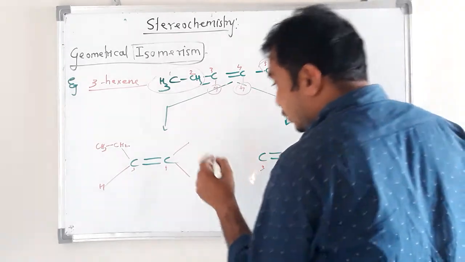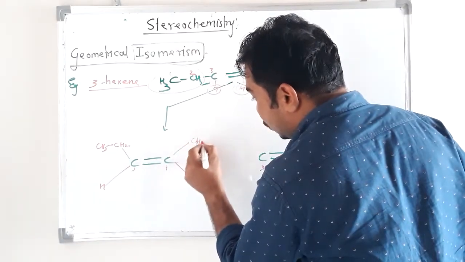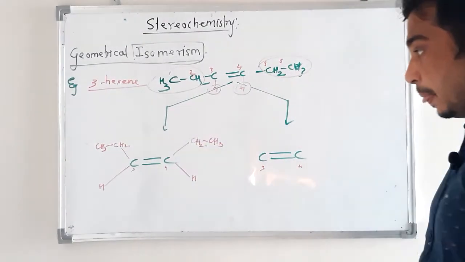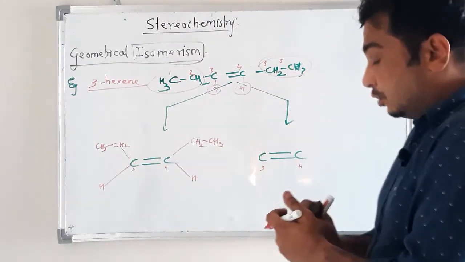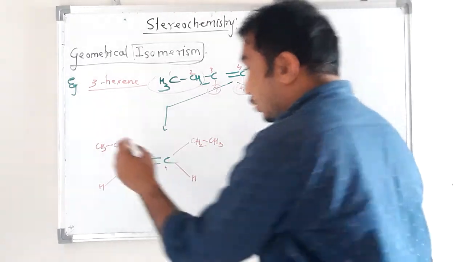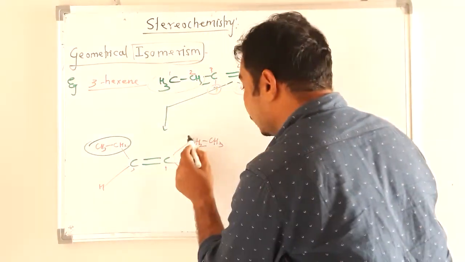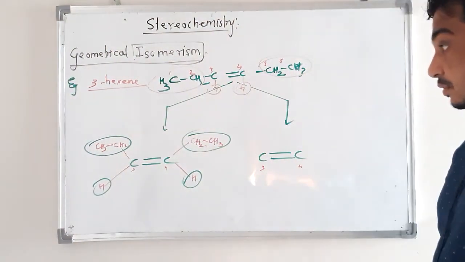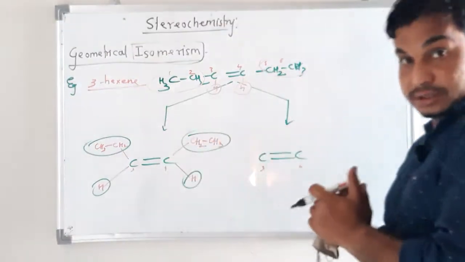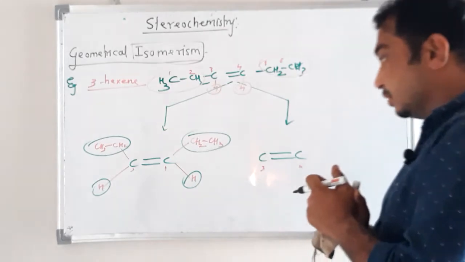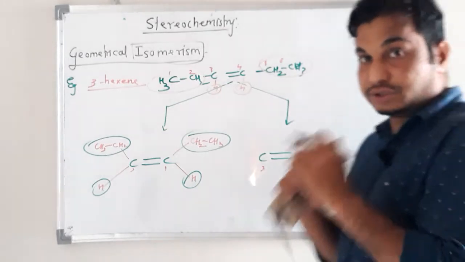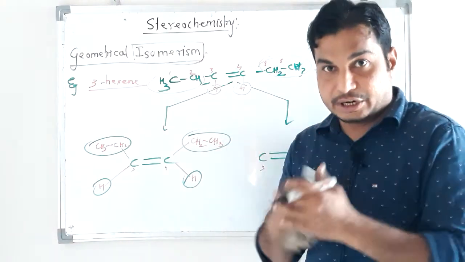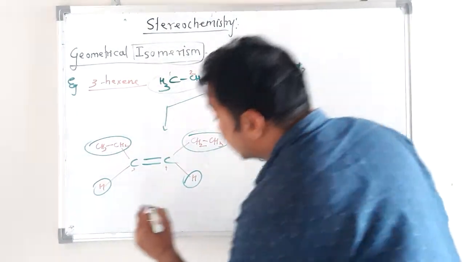Now suppose we put the ethyl group on the top side and hydrogen down. See, in this structure, identical groups are present on the same side, ethyl group, ethyl group, hydrogen, hydrogen. Now in geometrical isomers, if the same groups are present on the same side of the double bond, then that is called the cis isomer.